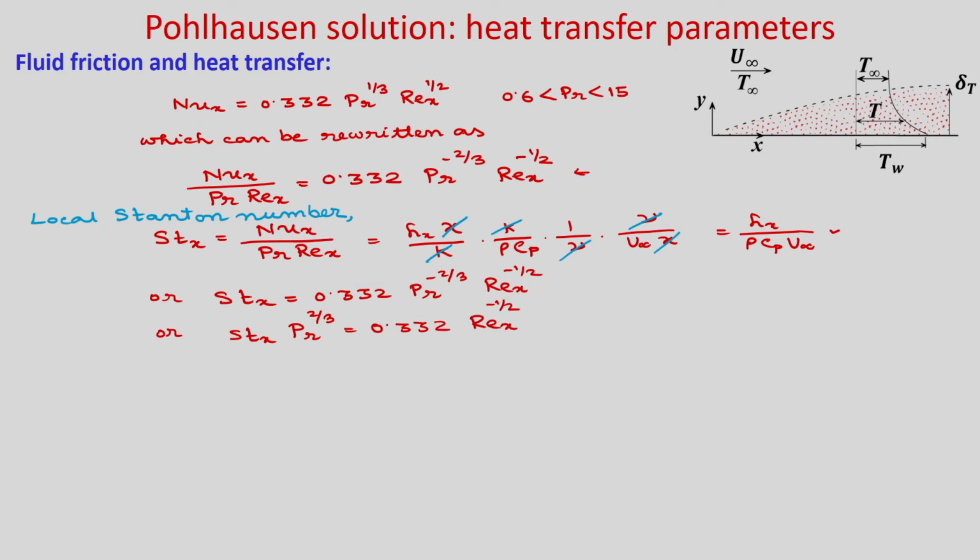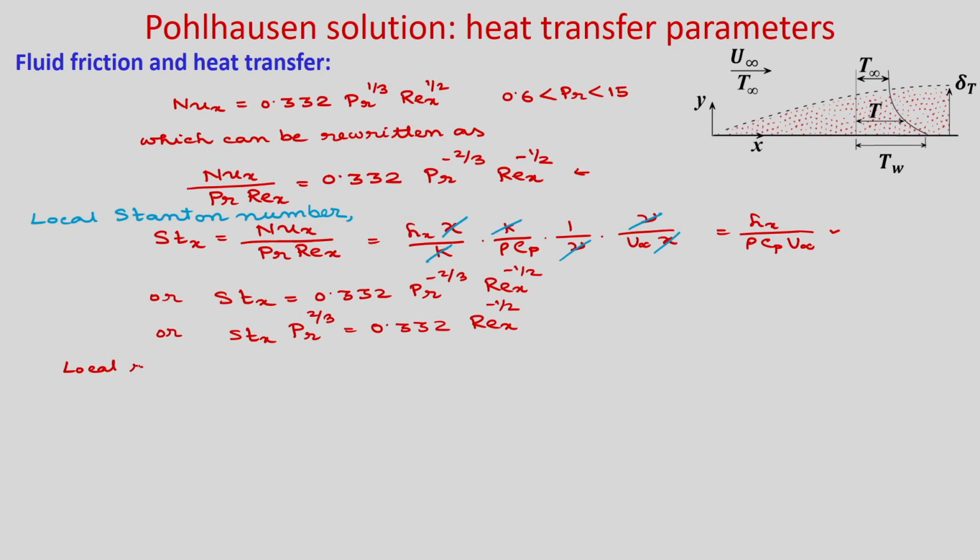From the Blasius solution we have found the local skin friction coefficient. If you write down the expression for the local skin friction coefficient, which is known as friction coefficient, because for flow over a flat plate the friction is the dominant drag due to shear stress, you can write Cfx as 0.664 by Re x to the power half.